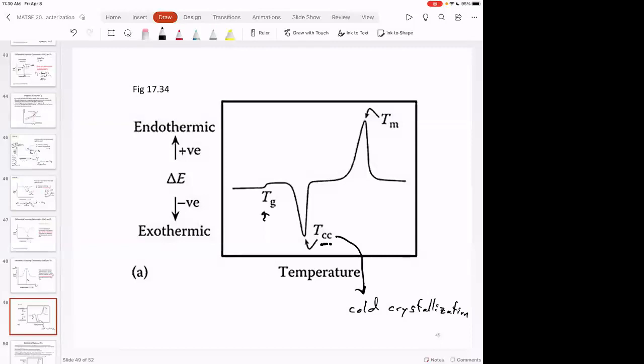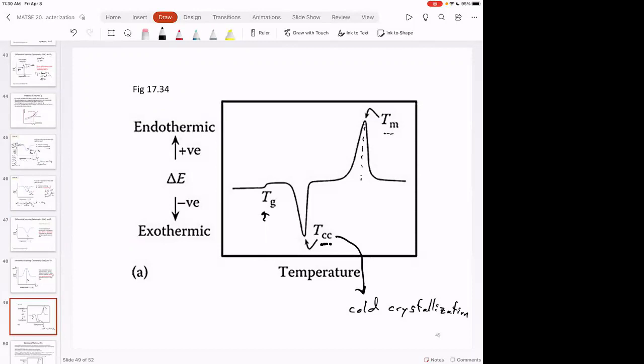And so, we'll count that as a detail. TC is more important for this. And then you have TM, which is our melting temperature. So what's interesting is that you can get plots like this either as you're heating or as you're cooling.